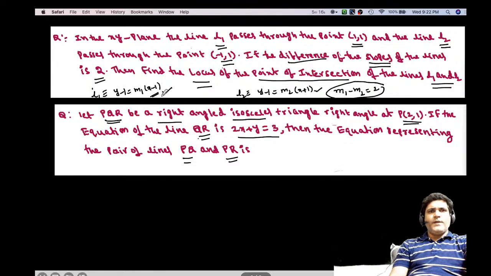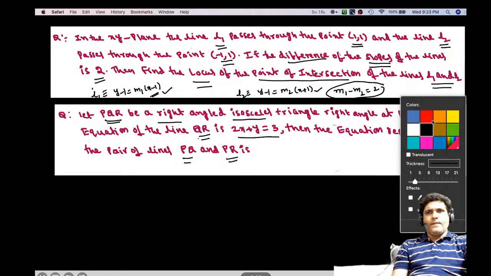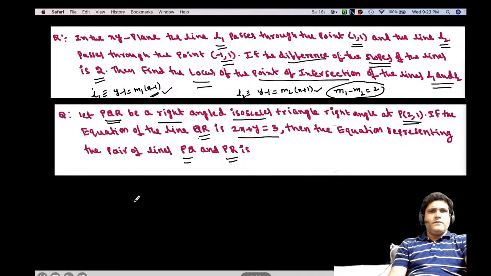So you find the point of intersection of L1 and L2 by cross multiplication, Cramer's rule. Then use this condition. For this question, one line is m1x minus y plus 1 minus m1 is equal to 0.